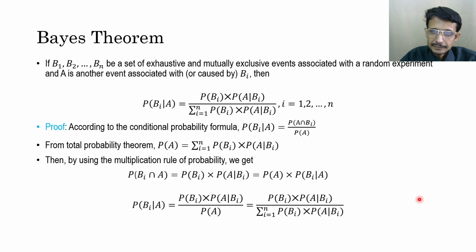So we can put it there, and if we put this formula for P of A, we get P of Bi multiplied by P of A given Bi by the summation, and that is our base. So it's very easy to prove.